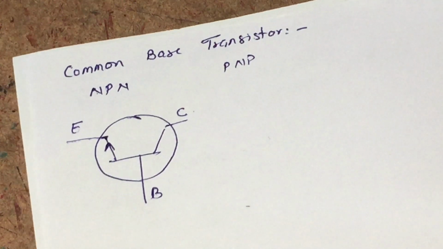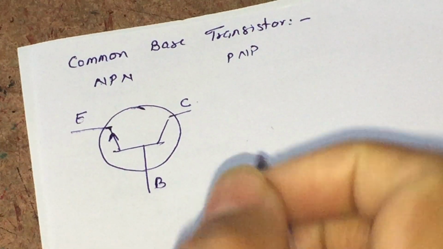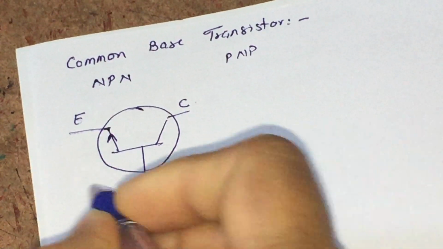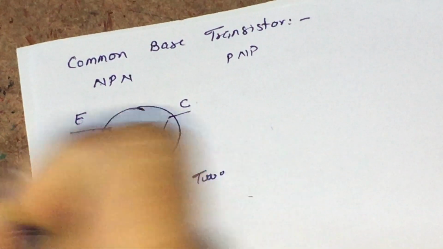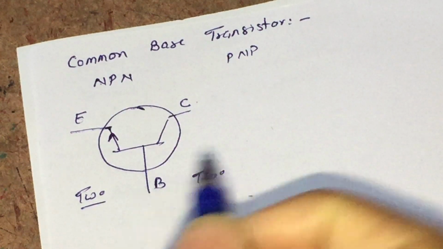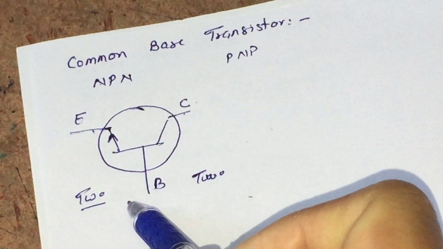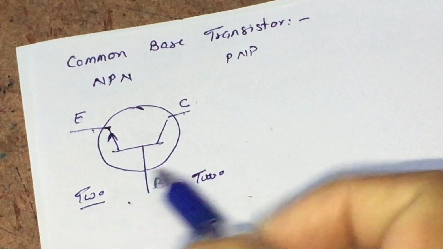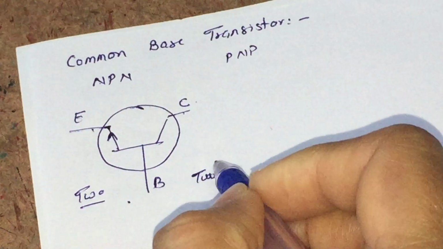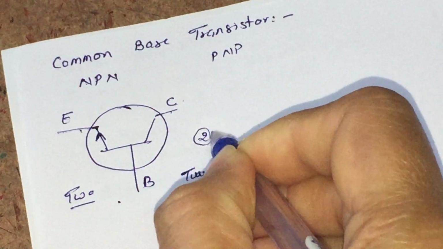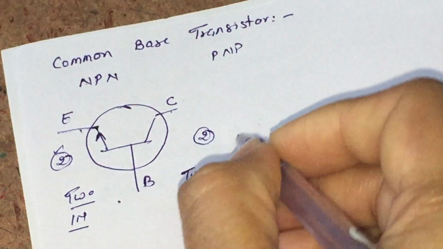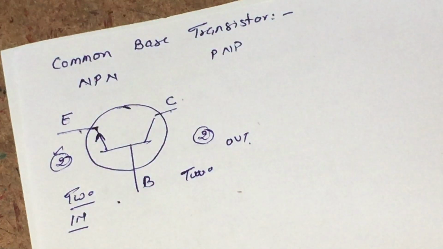For the biasing of the transistor, we need two terminals on the output side and two terminals on the input side. It means that instead of three terminals to connect the battery or the source, we have to take two terminals on each side, input side and output side.